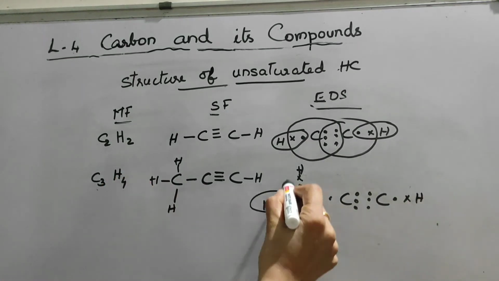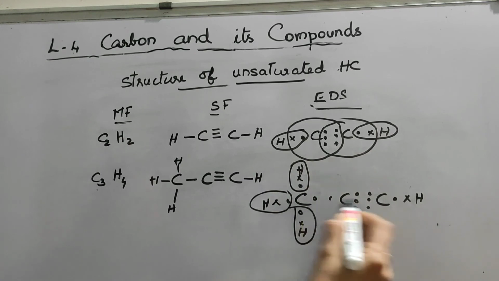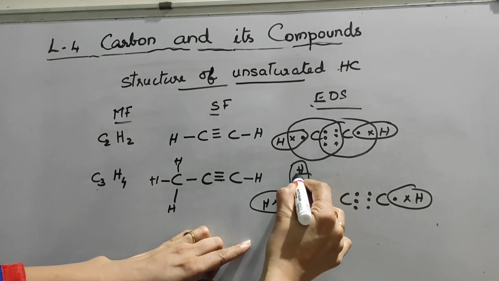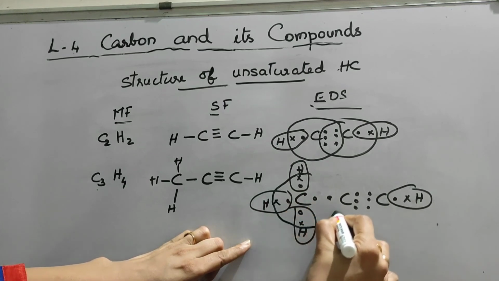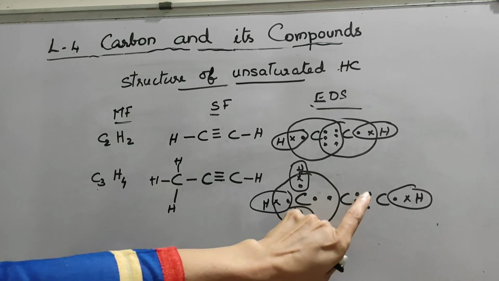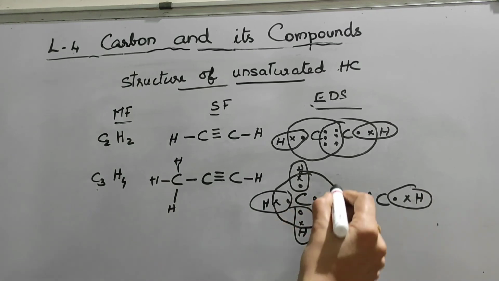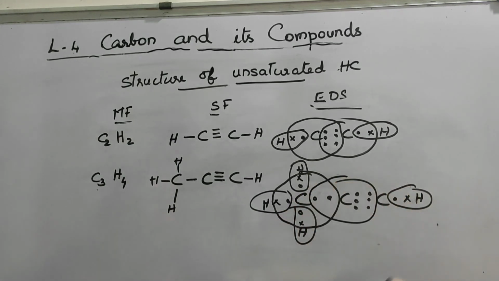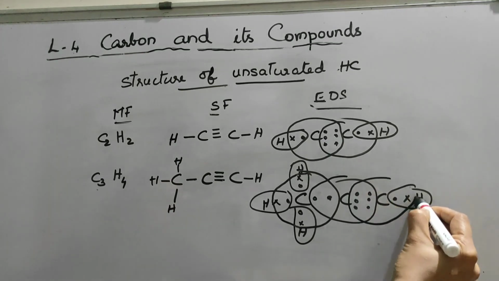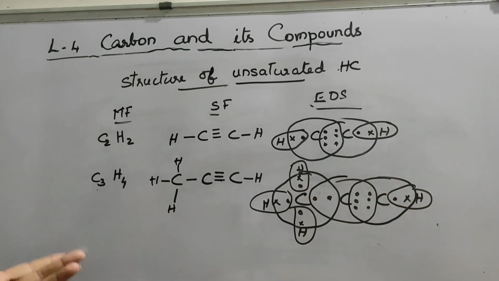And sharing the hydrogen electron. First carbon 8, they need 8 electrons. 1, 2, 3, 4, 5, 6, 7, 8. The second carbon, 1, 2, 3, 4, 5, 6, 7, 8. Last carbon, this 6 already there, 7, 8. Like this we can complete till decyne.